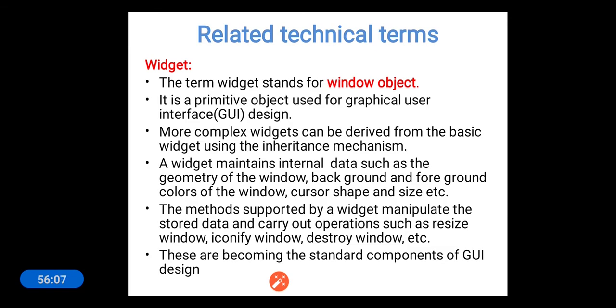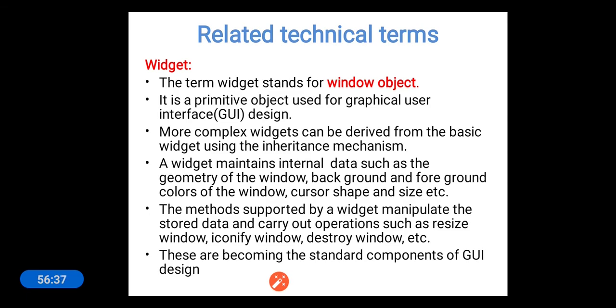Generally these widgets, that is these window objects, will have some geometric attributes, and they can also have some methods. The geometric attributes may be its size, color, font, shape, etc. And its properties can be like resize, draw, minimize, maximize.